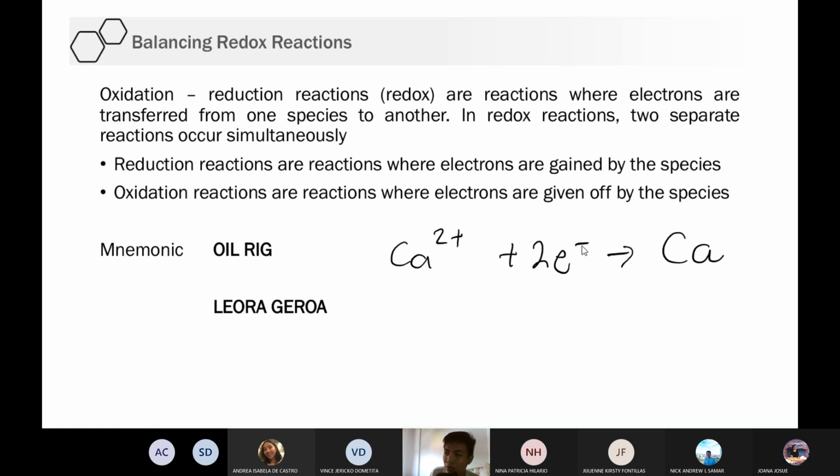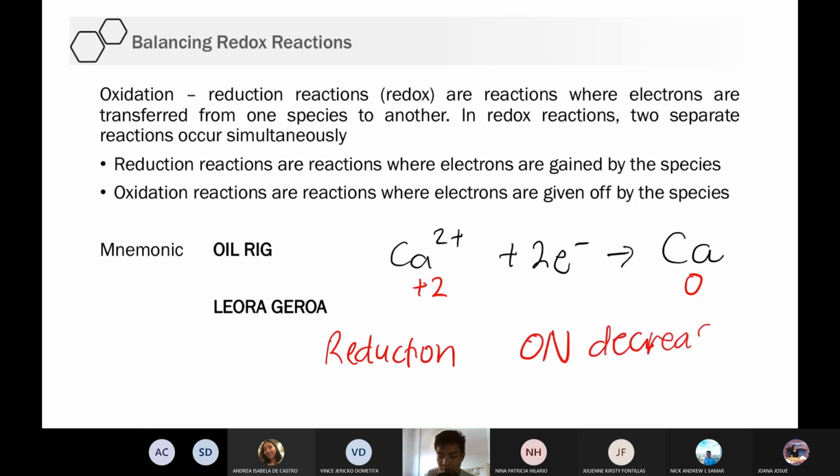If it accepted 2 electrons, if it gained 2 electrons, ang charge niya from positive 2 maging 0 na. Okay? So the oxidation number is from positive 2 to 0. So ano ibig sabihin yan? Pag reduction, the oxidation number decreases.